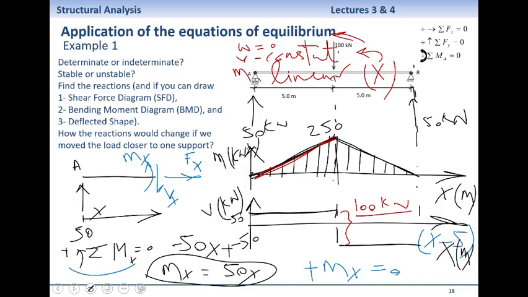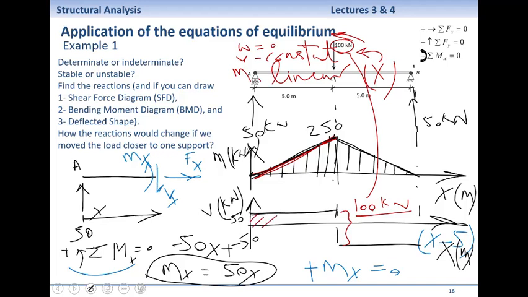What is the drop in the shear force? The external point load that I have. Okay? Or rather integral of V. Let's do that. If I integrate V between 0 and 5, mathematically, what is it?